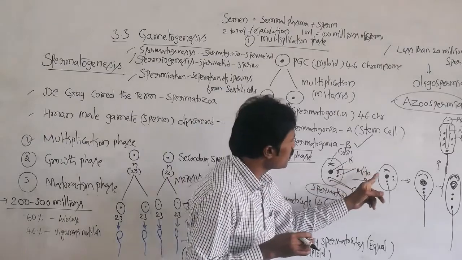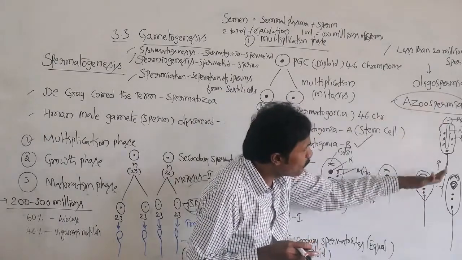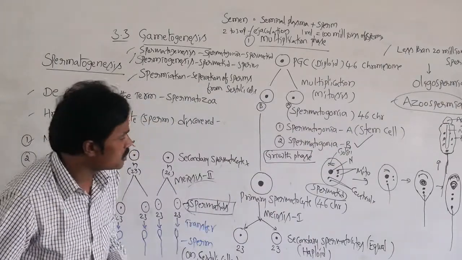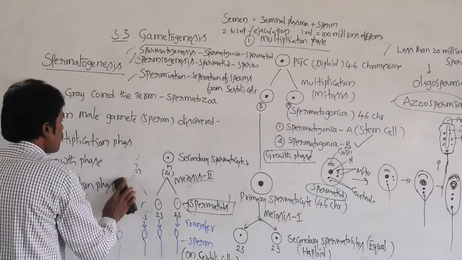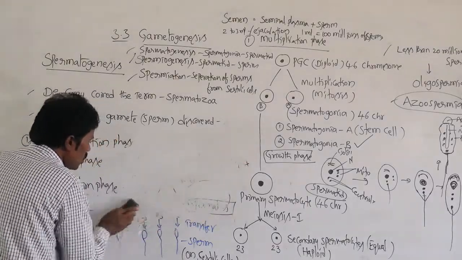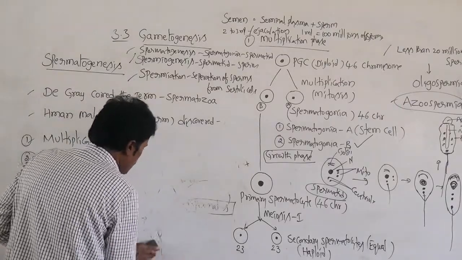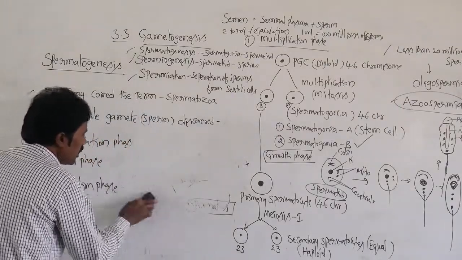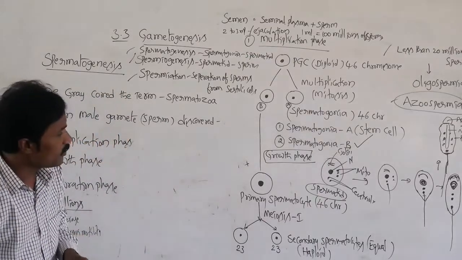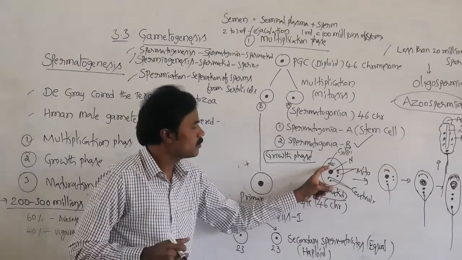Here the Golgi apparatus modifies into the acrosome. So after complete maturation of the spermatozoon, it is present in this manner, with a head part as well as a middle part. Why? Because in the spermatid, observe carefully, the Golgi apparatus modifies into the acrosome.